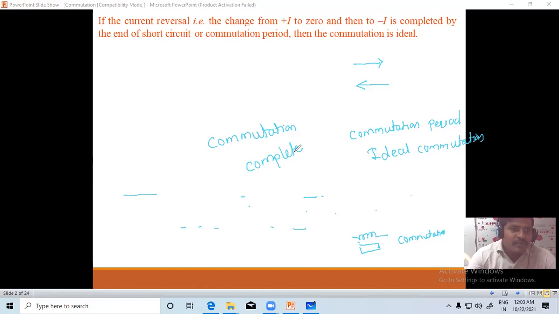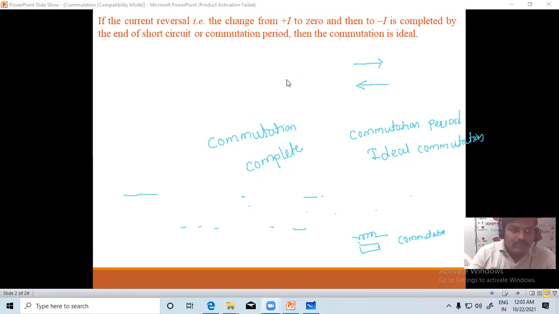The commutation process, that is reversal of current from positive ampere to negative ampere, if it is completed at the end of the short circuit period, or the end of the commutation period, then this process is called ideal commutation. So this is the commutation process.